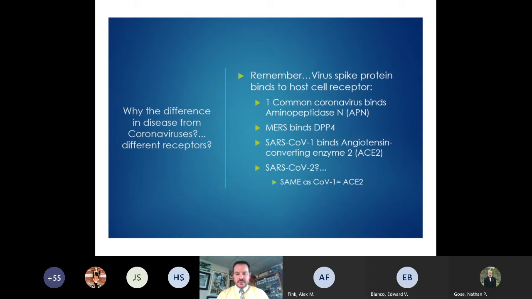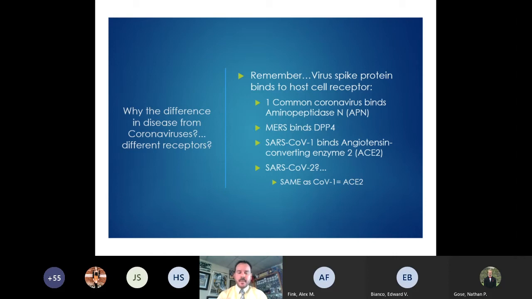On the surface of the cell is a particular receptor, typically a protein, that the spike protein binds to. The interesting thing is that these particular coronaviruses use slightly different receptors. And depending on the cells those receptors are located on, that can change which cells the virus infects, and then the disease that results from that infection.